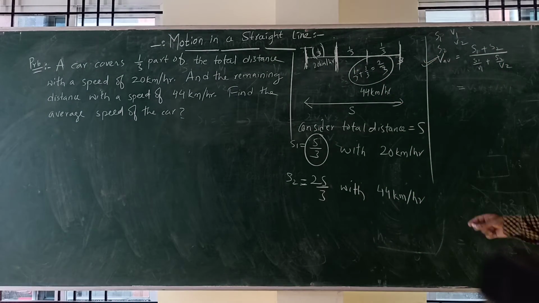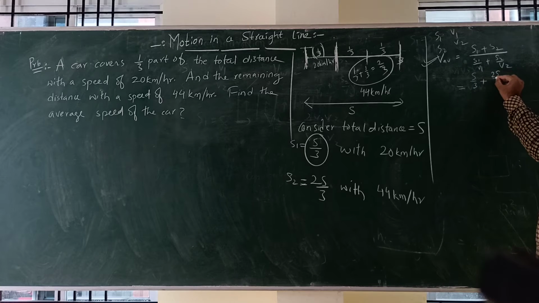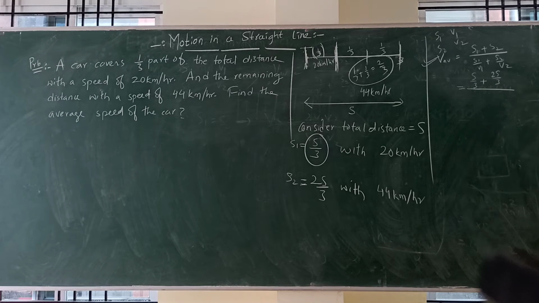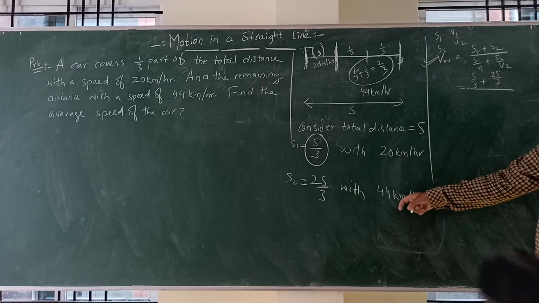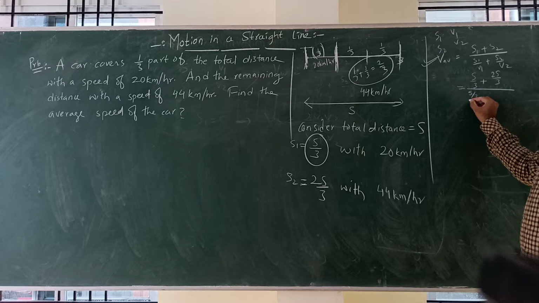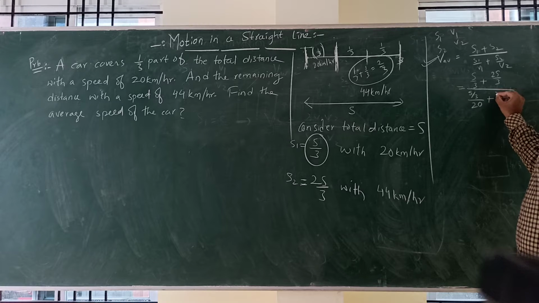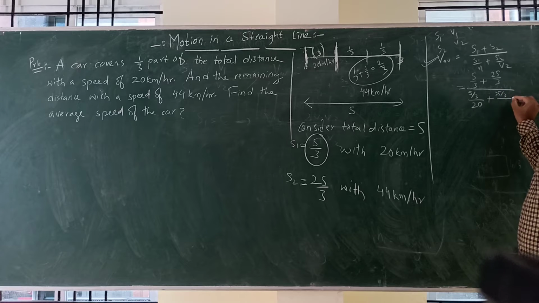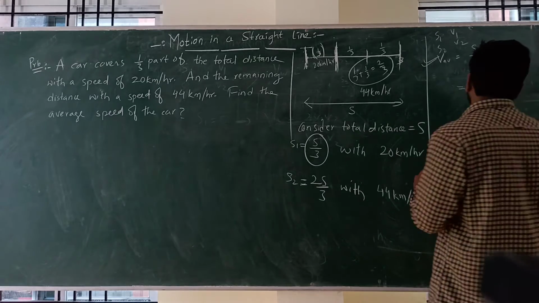S by 3 plus 2S by 3 divided by S by 3 by 20 plus 2S by 3 by 44, right? Just calculate it.